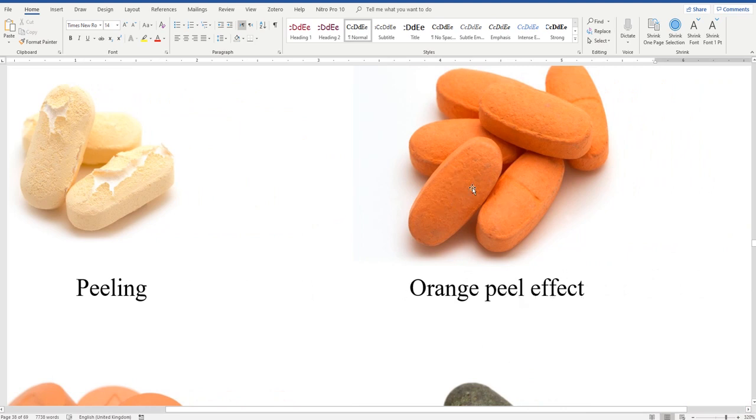If you look carefully into these tablets, you will see a rough surface. The reason for this rough surface is that when the polymer solution was sprayed, the drops on the tablet should have spread, coalesced together, meaning merged with each other, and spread as a film.